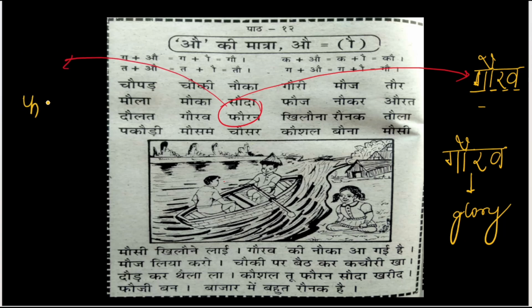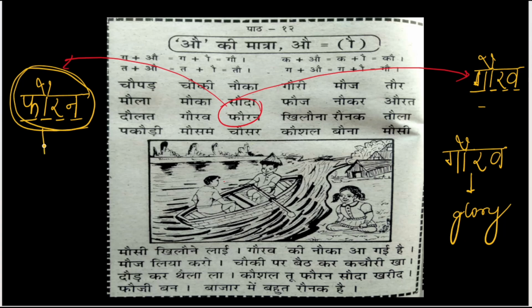This is fa, this is the matra of au, this is ra, this is na. Fa, au, ra, na, fauran. Please focus on the pronunciation of the words. Fauran, which means instantly, without any delay.